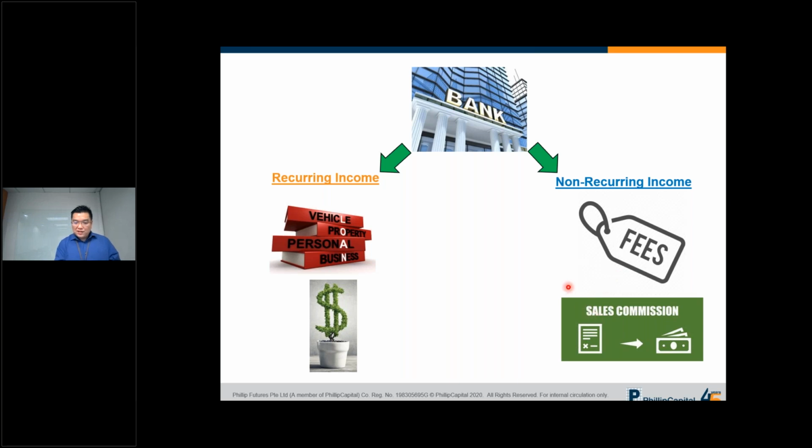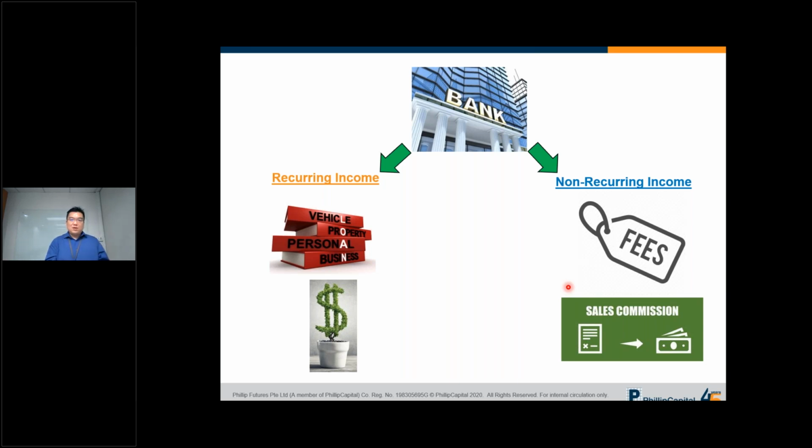Sales commissions, that is for banks who also sell certain products, even investment products or non-investment products, then they may collect sales commission. So these are on a transactional basis. As and when a customer does all these transactions, then the fees will be collected. So they are non-recurring, right?